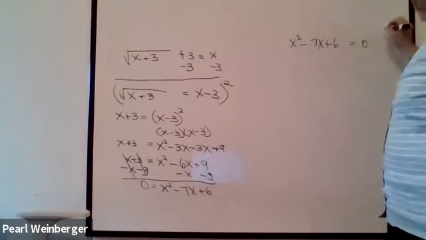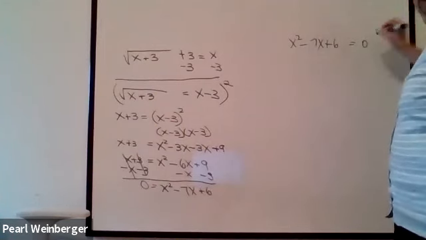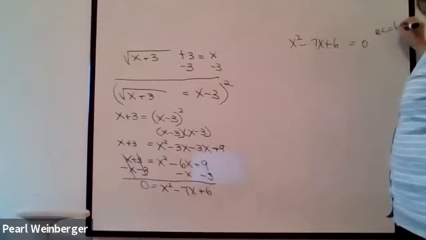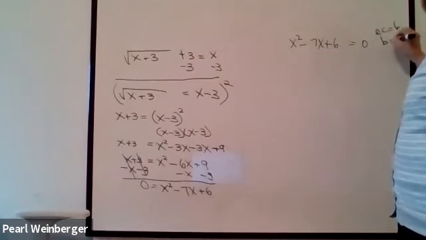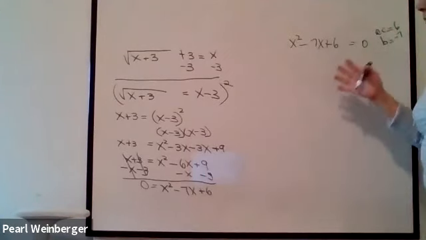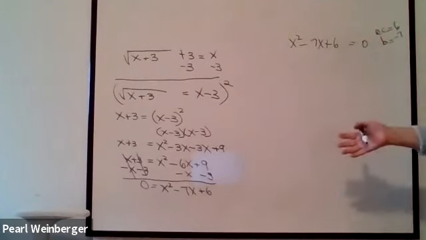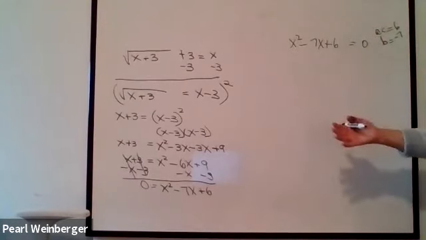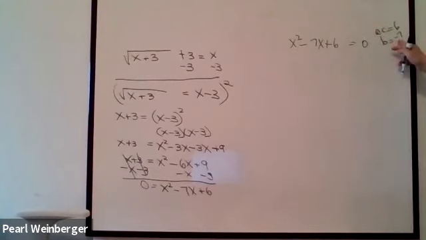Remember, we use our AC method to factor. Our AC is 1 times 6, which is 6. And our B is negative 7. So if we think about it, we want two numbers that are going to multiply to 6, but when we combine them, it's going to give us a negative 7.